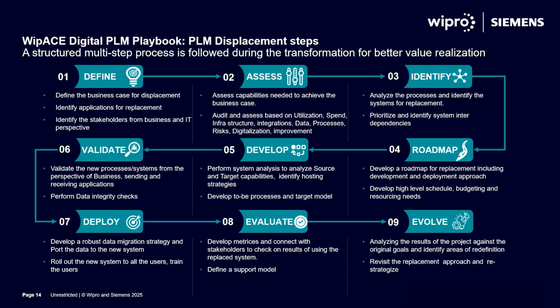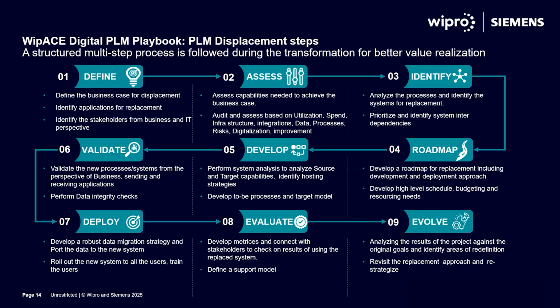It starts with the define phase, where the focus is defining the business case for end of life PLM displacement, considering the business objectives, as-is state, and defining the value drivers and the cost. The second step is assessing the capabilities needed to achieve the business case.